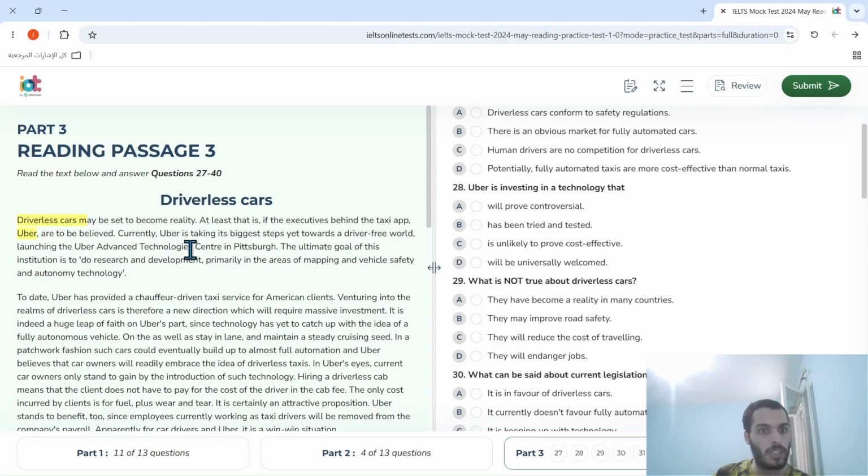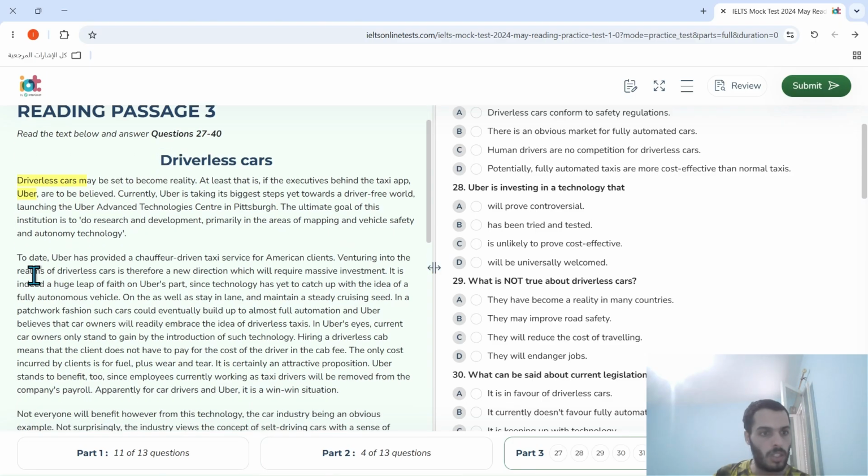May be said to become reality, at least that is, if the agreement behind the taxi are to be believed, currently by the driver-free launching. And with the incident areas of mountain vehicle safety and autonomy.